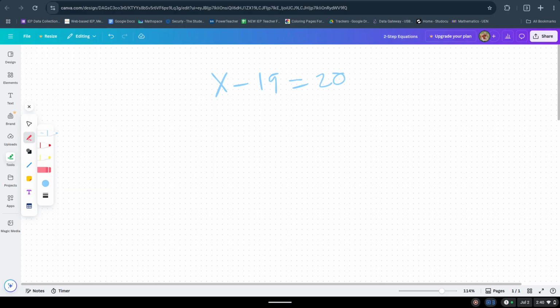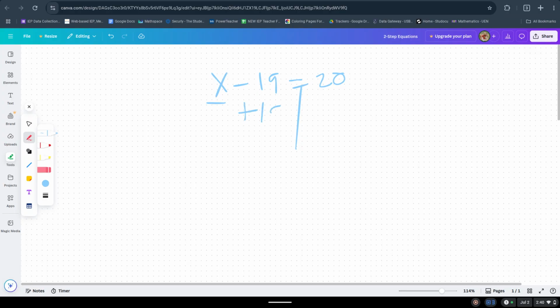So we drop our line, and then we say, okay, what's our goal? Our goal is to get the variable alone so we can figure out what it equals. So here's our variable. What's making it not alone on this side of the equation is this minus 19. Talking about operations, we do opposite operations to move it over.